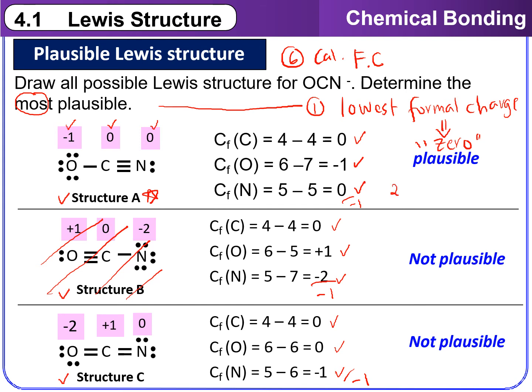So then we continue with another concept that we learned in the previous slide. The atom which is more electronegative is supposed to have the negative charge. When we look at structure A, the one with the negative charge is the oxygen. While in structure C, the negative formal charge belongs to nitrogen.